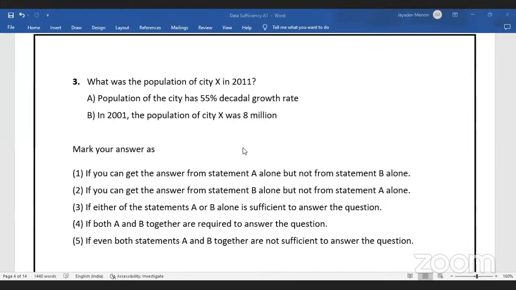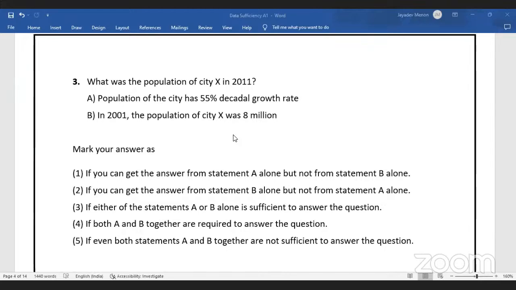Now, statement B says in 2001, the population of city X was 8 million. So we have population in 2001, but it is not possible to find out the population of 2011. But if we are using both statements together, as per statement B, the population in 2001 was 8 million.